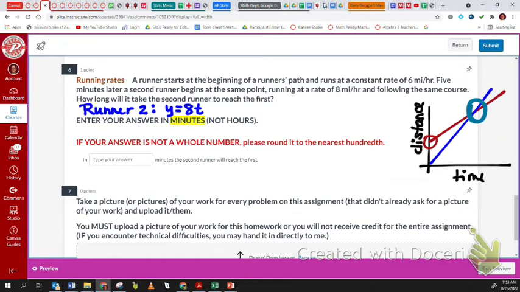For runner 1, there's 2 pieces of information we're going to need. One of them is easy to find. I need their rate, but I also need to know how far ahead they got in those 5 minutes. Because this right here is the 5-minute head start.